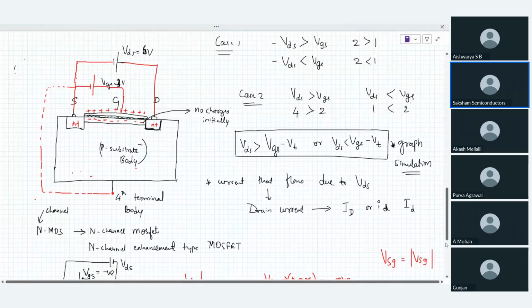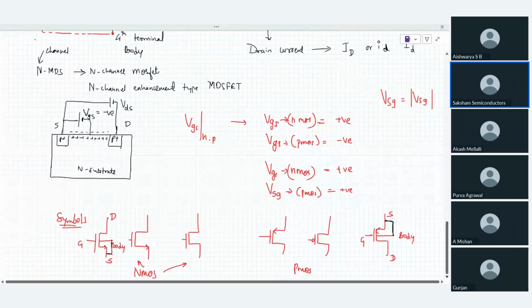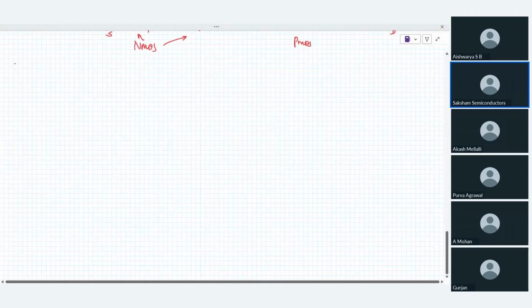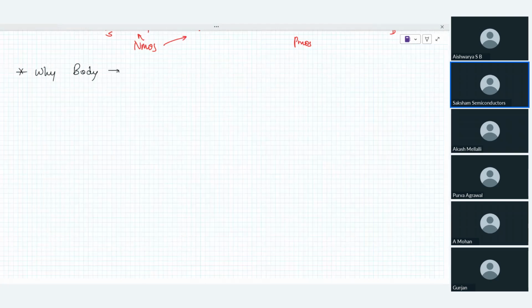So that means, one question is: why is the body tied to the source only? Why not something else?